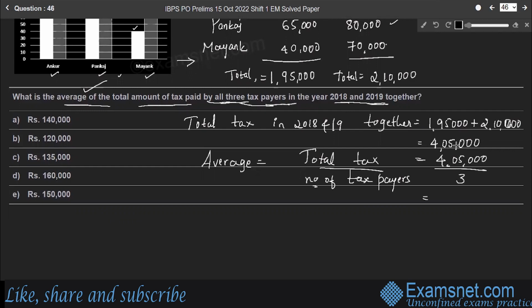We'll get, so 3 into 1, 3 into 3, 9, 3 into 5. So 1,35,000 is the average tax paid by all three taxpayers in 2018 and 19 together. Therefore, option C is the right answer.